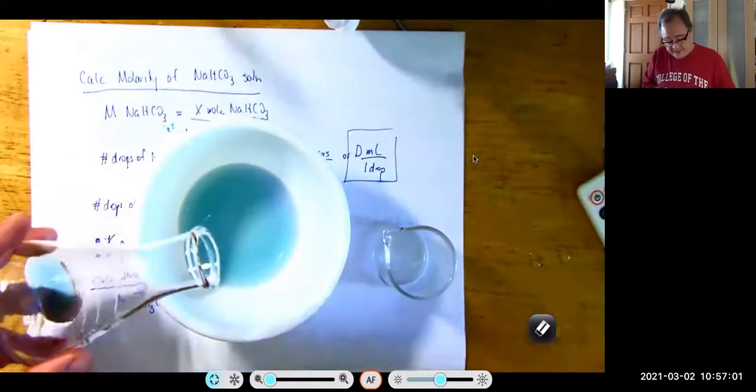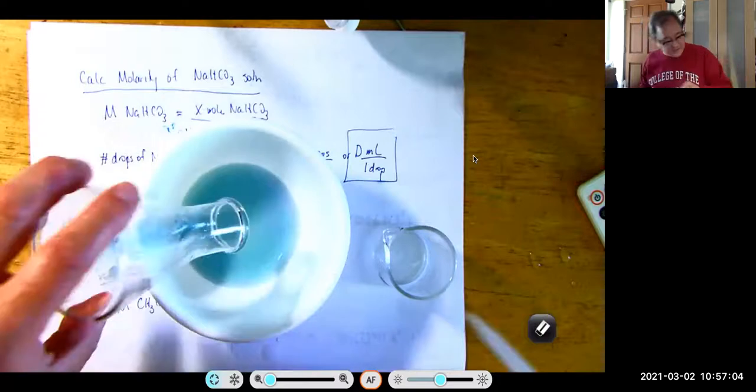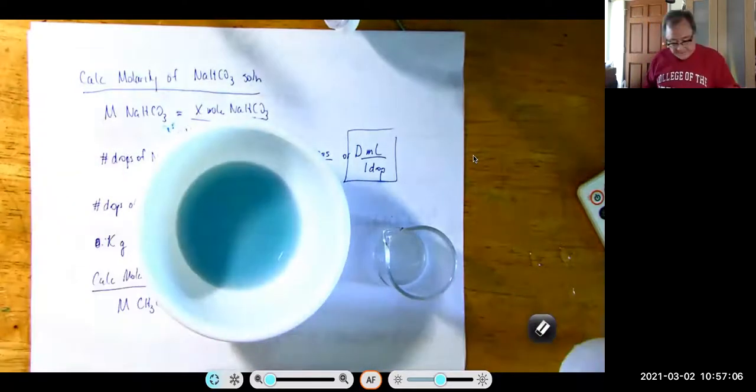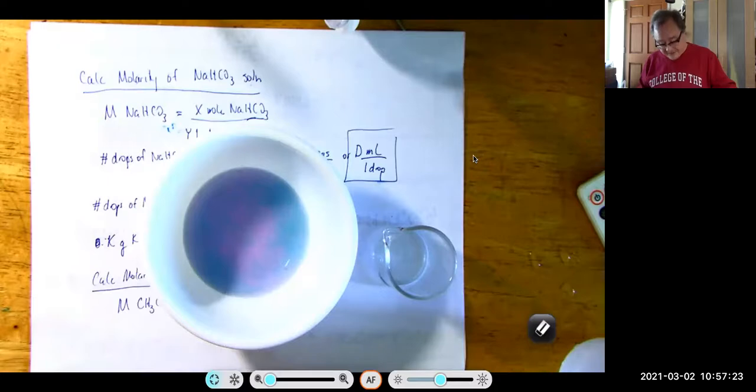And of course, if you want to, you can play with it a little bit. So here, watch what happens when I add vinegar to this. You see those little splashes of pink in there? You can almost make it look like a tie-dye. Okay. Isn't that neat? And it's bubbling.